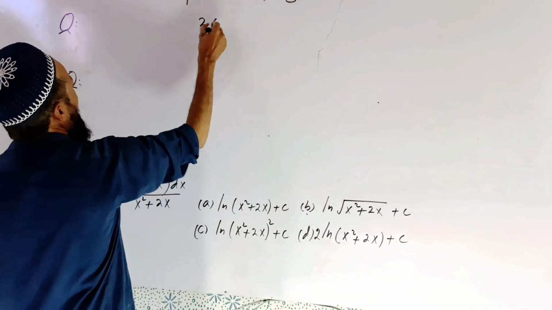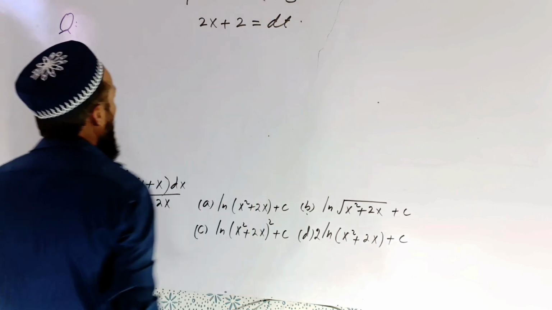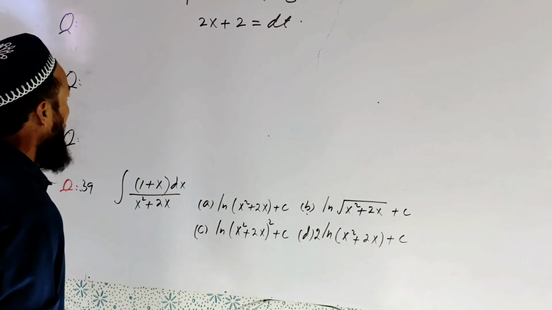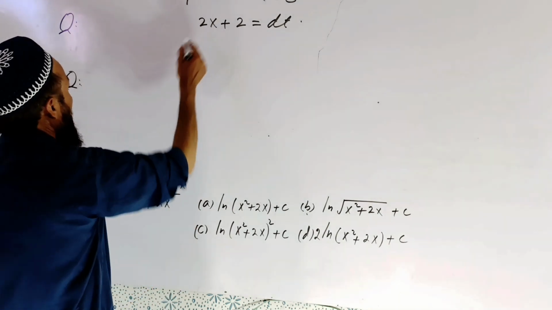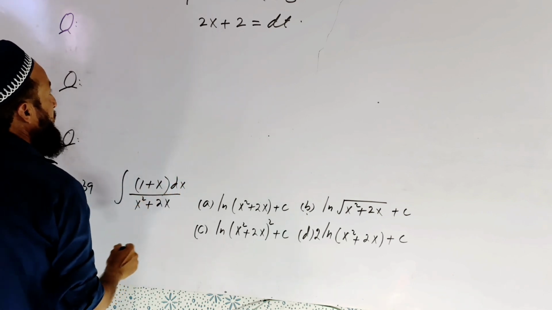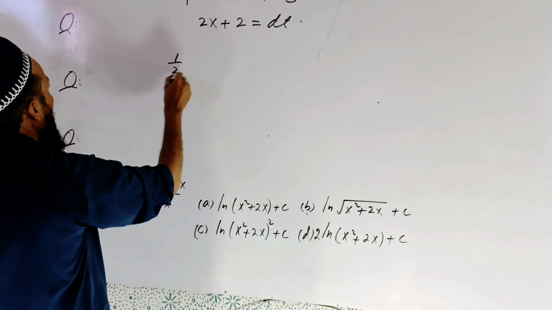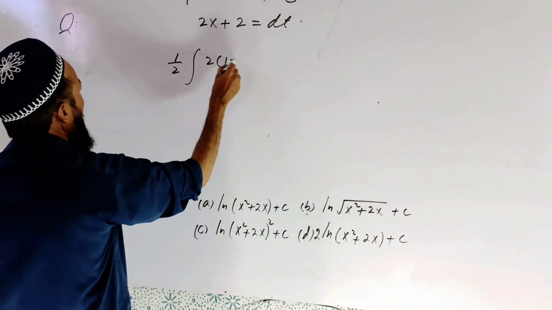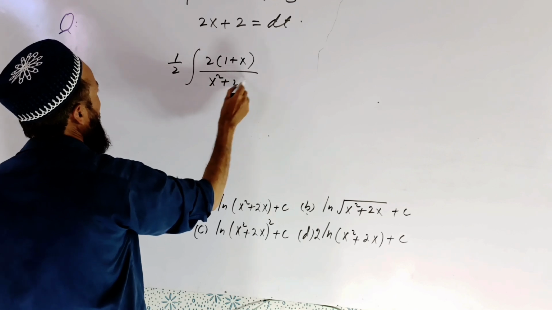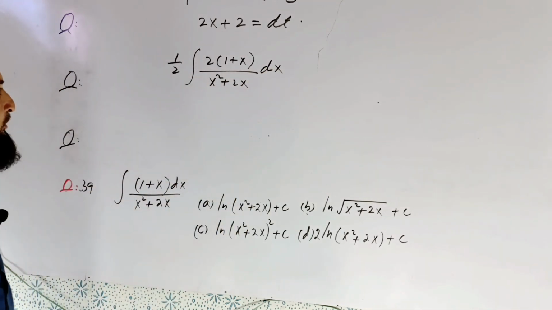Now differentiating with respect to x, we get 2x plus 2 dx equal to dt. In the numerator we multiply and divide by 2, because the derivative 2x plus 2 is required, so we get 2 times 1 plus x over x square plus 2x dx, and the same result we get.